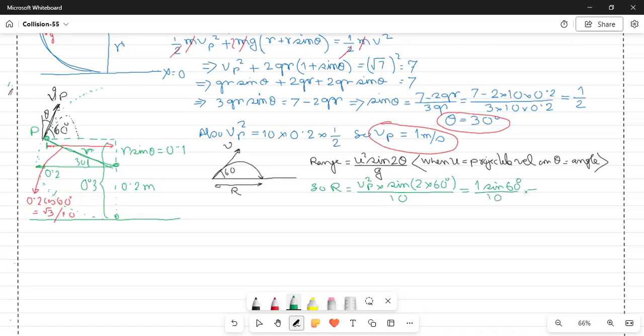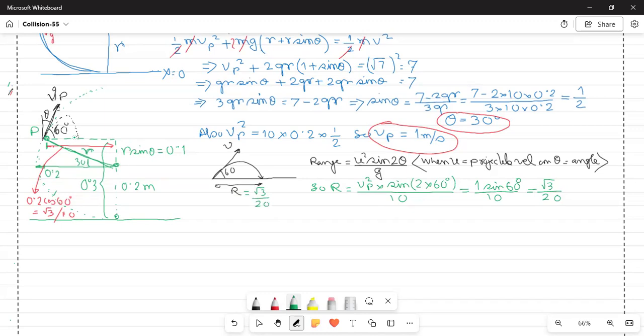This becomes root 3 by 20. So this range is equal to root 3 by 20.